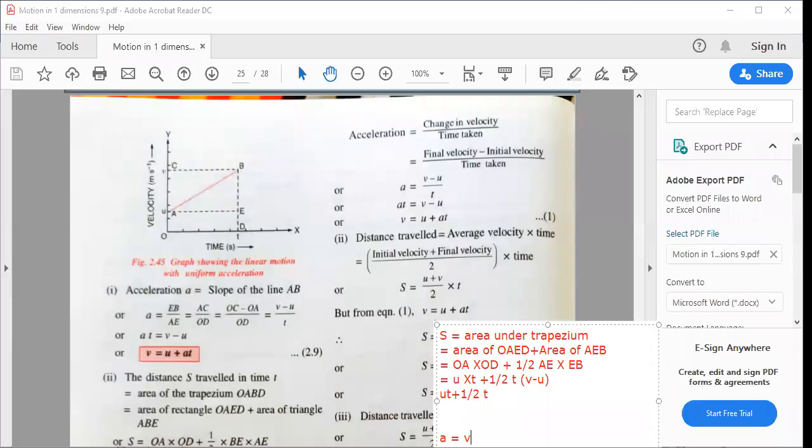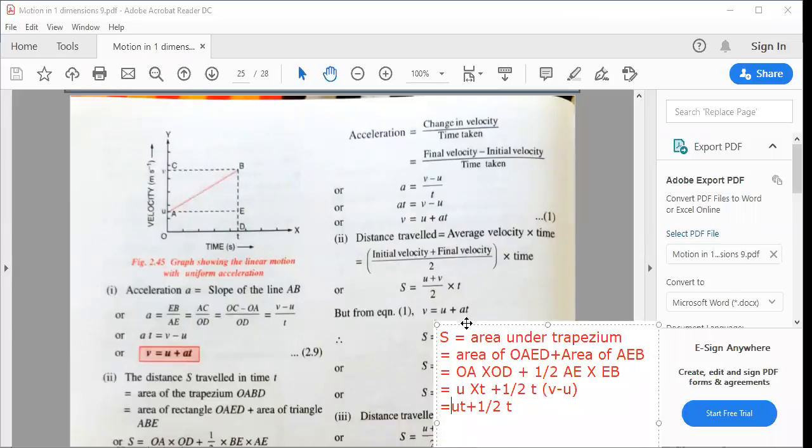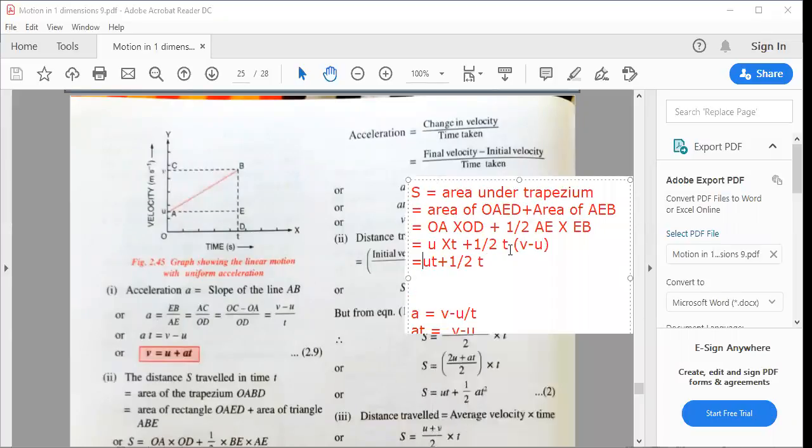A is V minus U upon T. So can I write AT is equal to V minus U. So if I write UT plus half T into V minus U, in place of V minus U can I write AT?